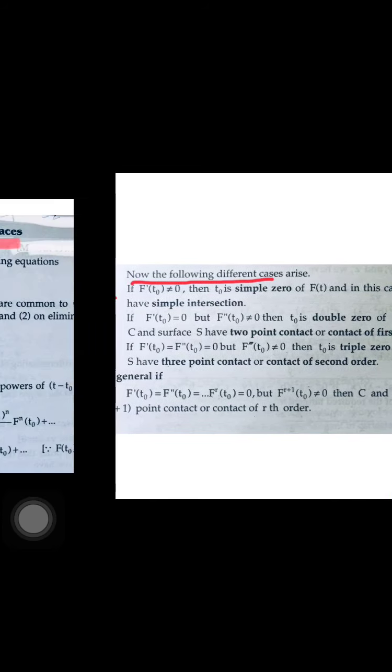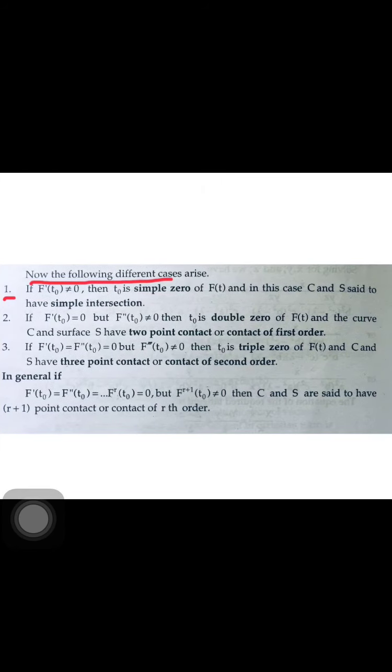So these two slides are very important: order of contact between curve and surface, how we get the last equation, and by using 0 one by one, we get different cases, and these explain the order of contact.